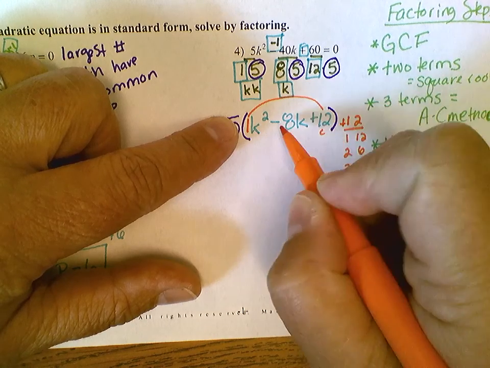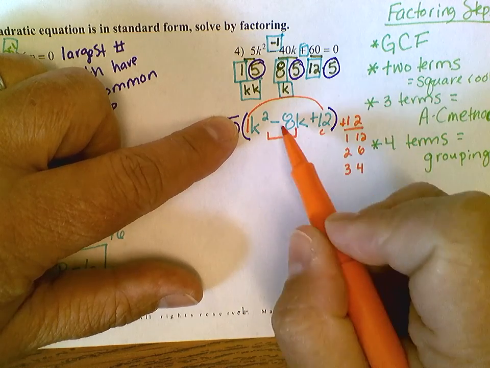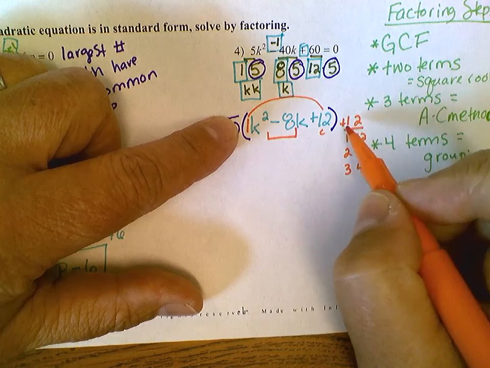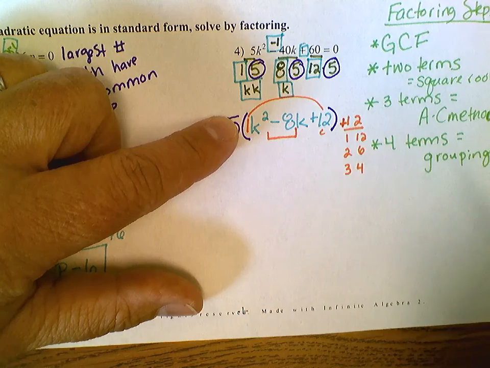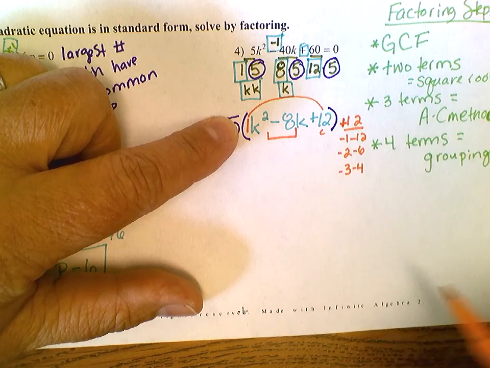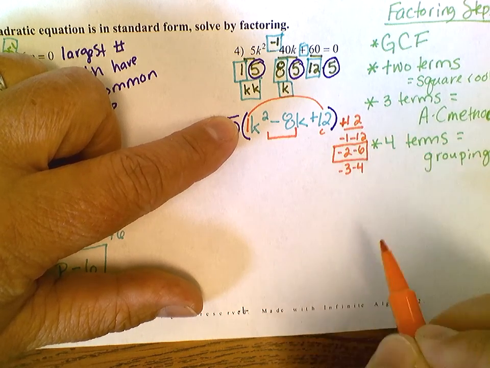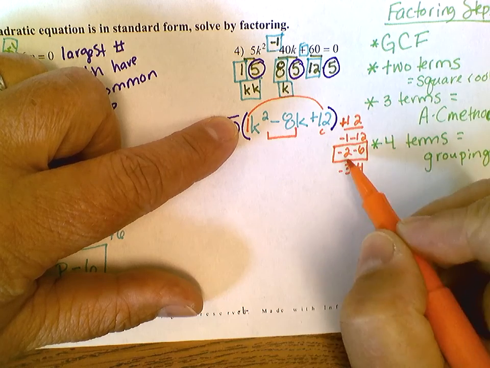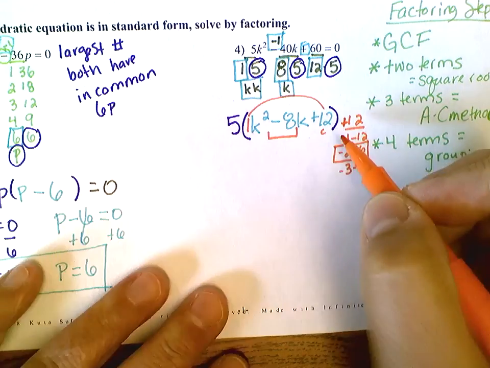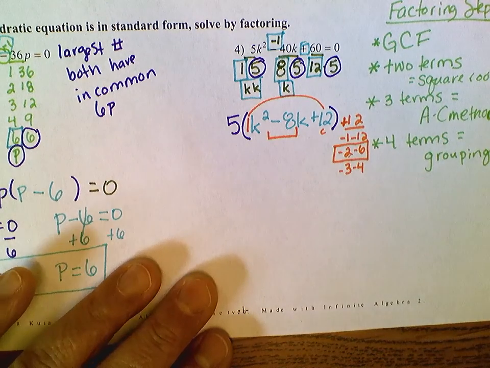This is a positive, but I'm looking for the pair that when I add them together, I get a -8. So I need, since when they multiply, they get a positive, everything is going to be negative. So -2 plus -6 is -8, and -2 times -6 is 12. So I know these are my two factors.